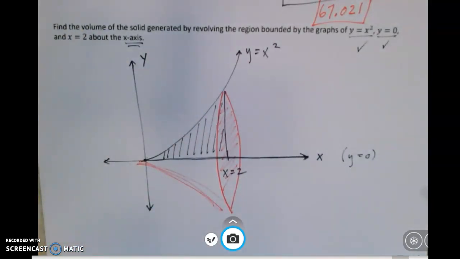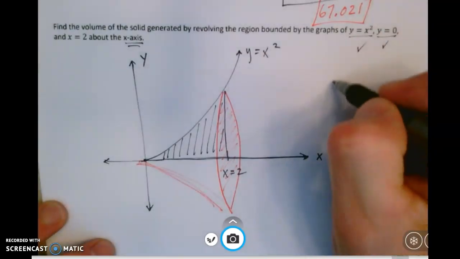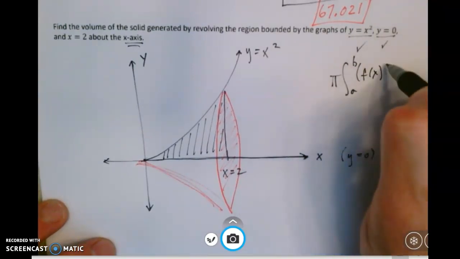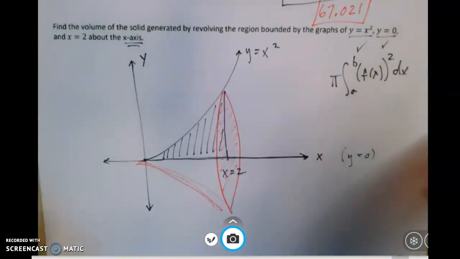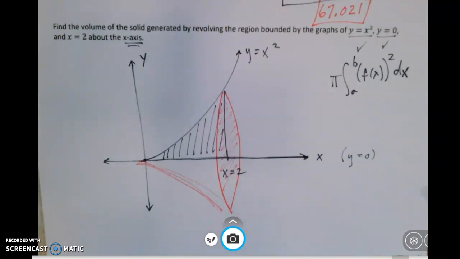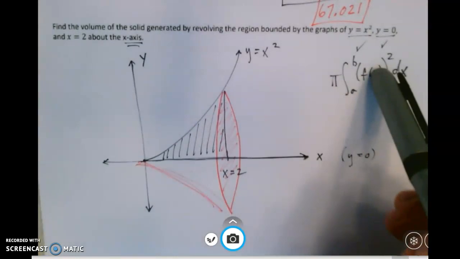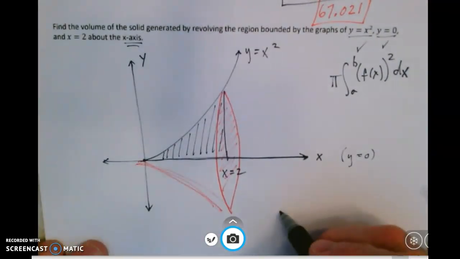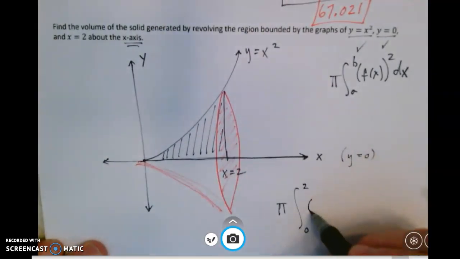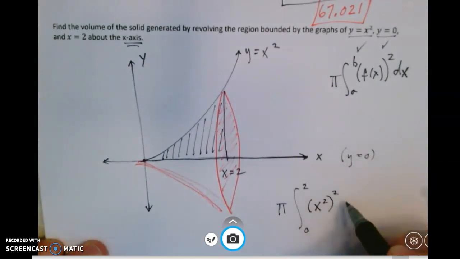But let's do this two ways. Let's first think about the general formula. The general formula is pi integral from a to b of whatever function we have squared. Again, to understand exactly why, it's a little bit confusing, but let's not concern ourselves with that. So if I'm applying this here, this becomes pi, as always, the integral from 0 to 2. My function is x squared, but I'm squaring that.